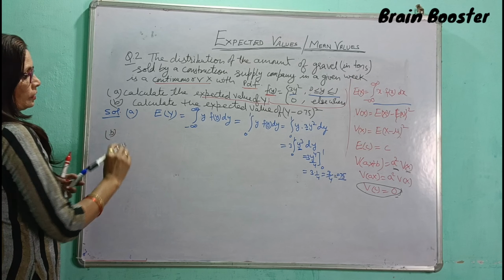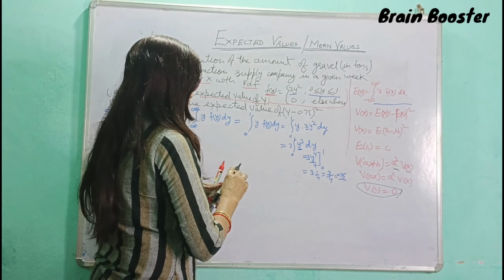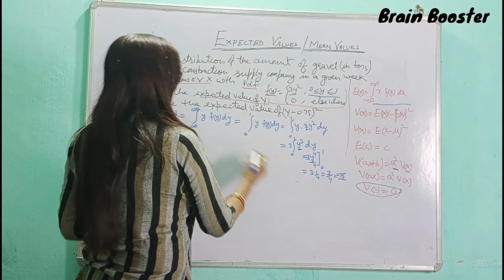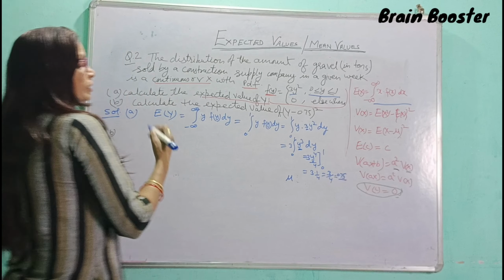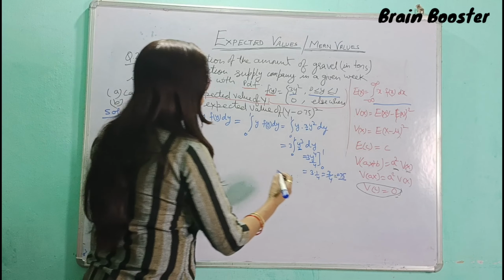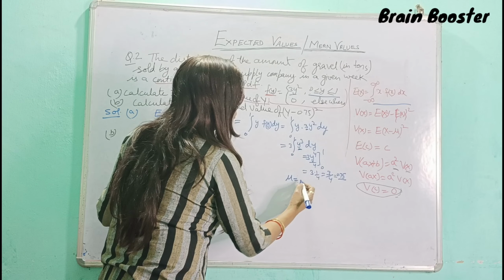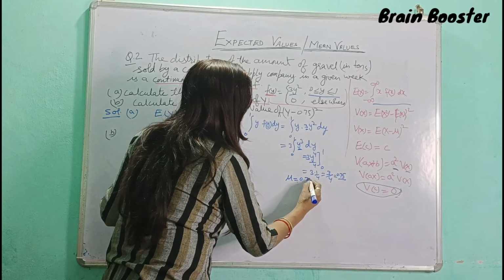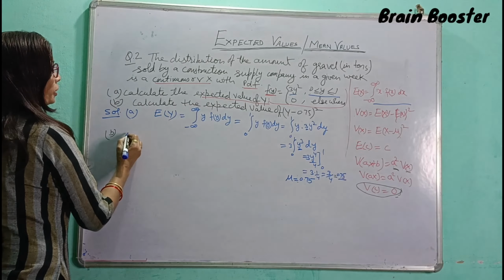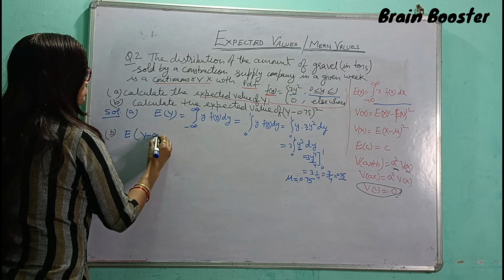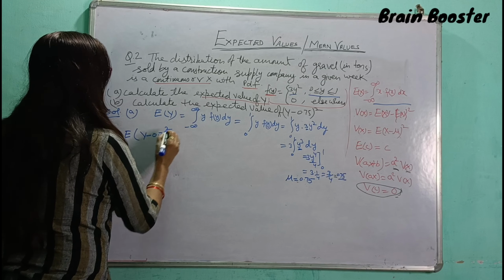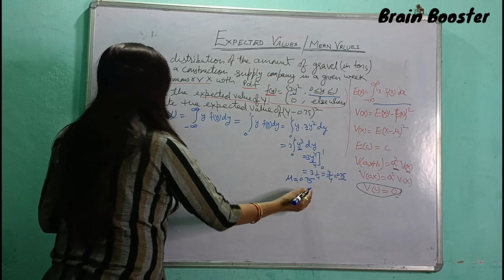Okay. Now B part. You have to find this, and 0.75 is the expected value, which is mu. Mean and expected value are the same, so mu is equal to 0.75, and here you have to find the expected value of (y minus 0.75) whole square, and 0.75 is mu.